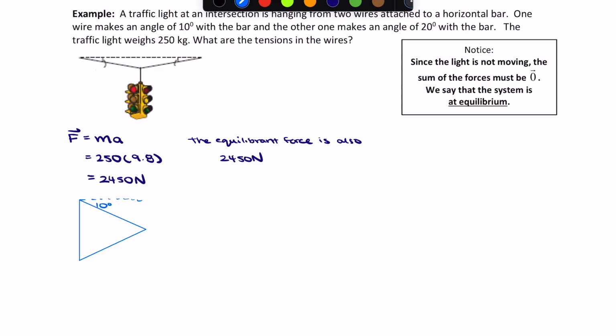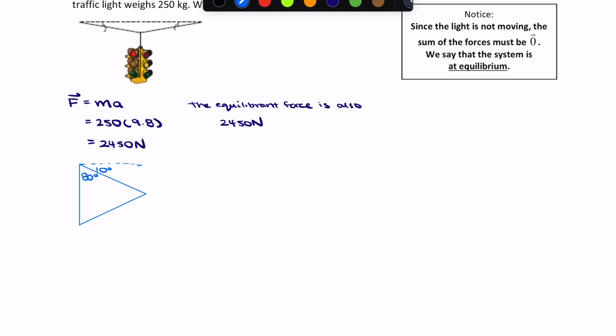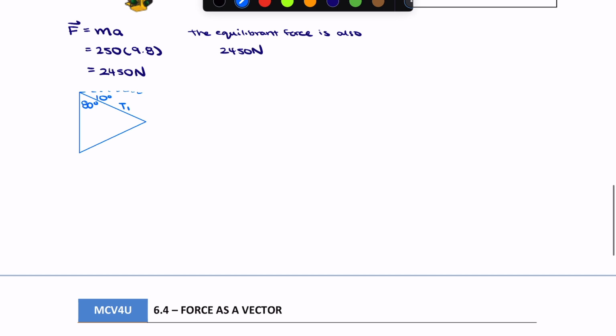Again, which means that here we will have 80 degrees, because that creates 90 degrees, and that's going to be our first tension. And then here, the other wire makes an angle of 20 degrees, which means this would be 70 degrees.